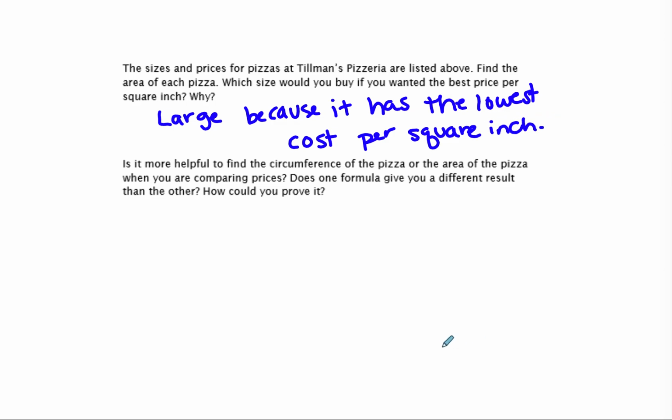All right, and then this one: is it more helpful to find the circumference of the pizza or the area of the pizza when comparing prices? We want to use the area because that's what we're eating. We're not just eating the crust, the edge, we're eating the whole thing.